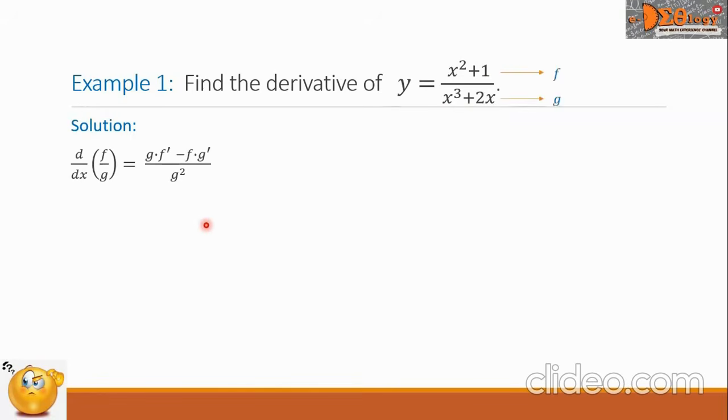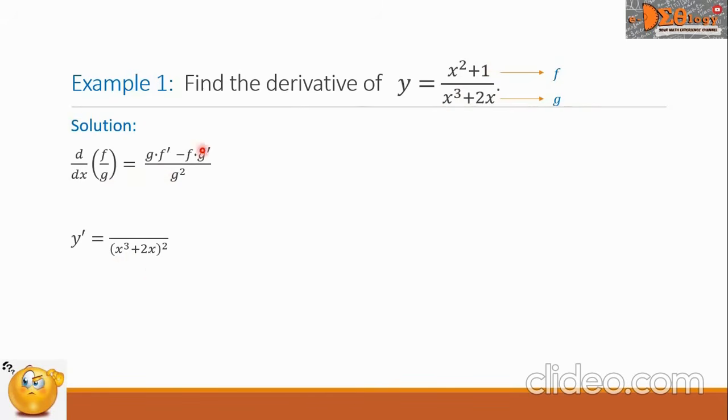And then we take note that the function in the numerator is f, while the denominator is g. So writing now the derivative, let us begin with squaring our denominator. So we write here the square of the quantity x cubed plus 2x.